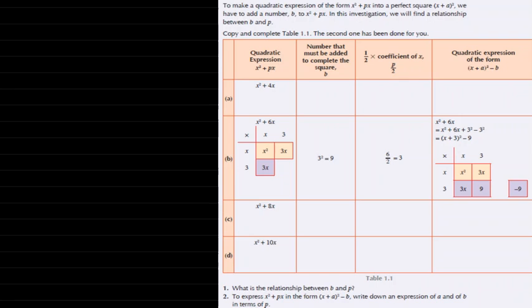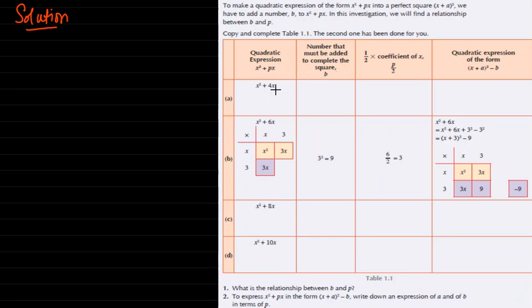Now coming on to the investigation part of 1.1. It's saying that this is a quadratic expression, x square plus px. Now, the number that must be added to complete the square, b.